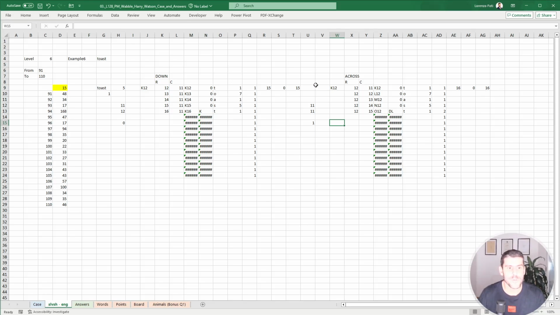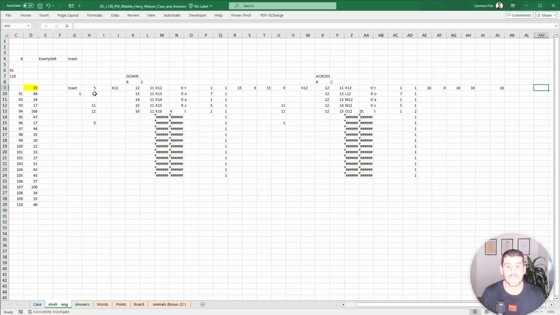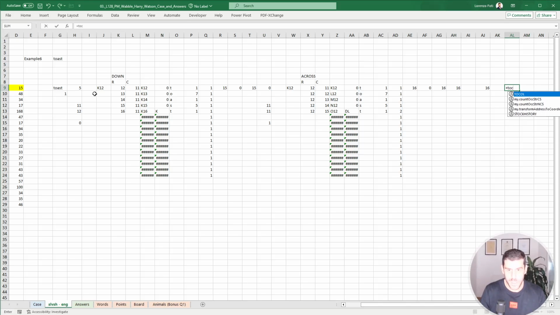Okay, so what I will do is this times this, so K12 is not good, and this is good, only going across. Then I will go with the max of those two times the word itself valid, and that's it.